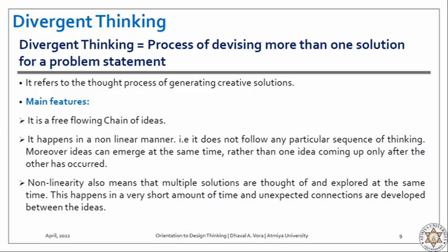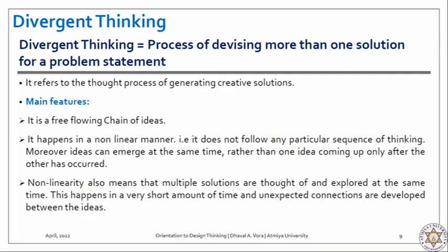More ideas can emerge at the same time rather than one idea coming up only after the other has occurred. So at the same time you may have maybe 10, 15, 20 ideas, and according to that you need to think on different solutions.